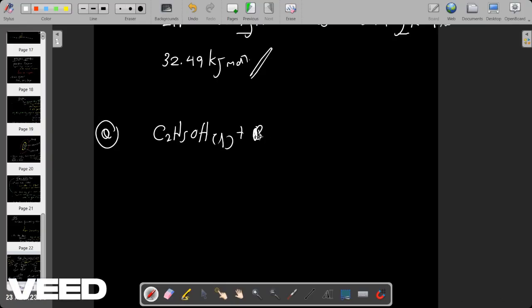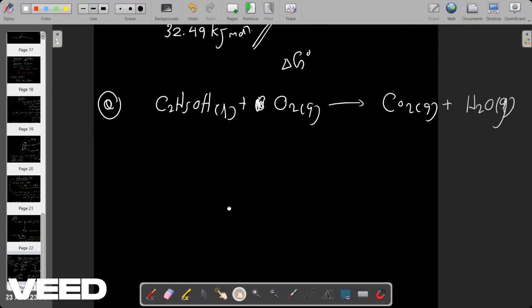Balance the equation first. I am telling you for a reason. Otherwise, you may get wrong values, because we have to find it for the balanced equation. Now you are to find delta G naught.